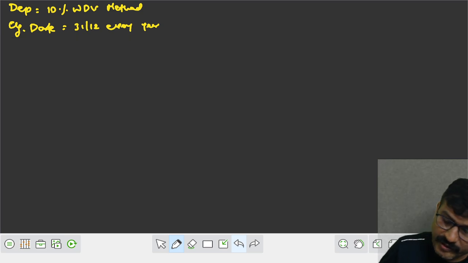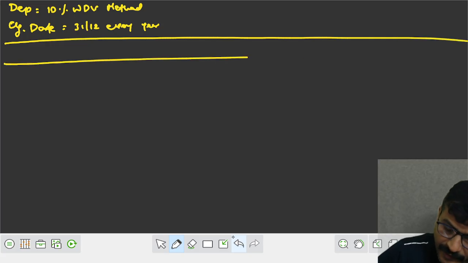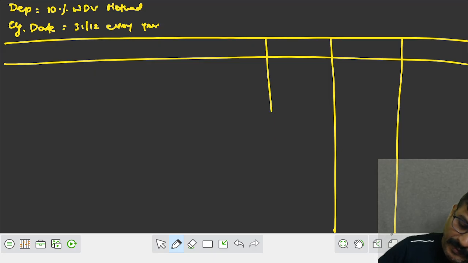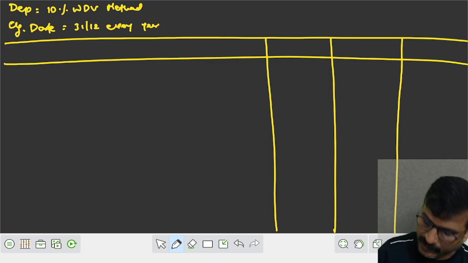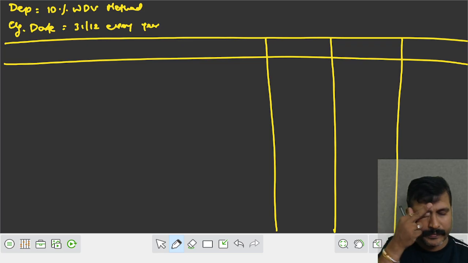Shall we prepare the format? See how many machines we have in the problem. Prepare the format after leaving around 2 lines. We have 3 machines. Now, when was machine 1 purchased? See your textbook very carefully.